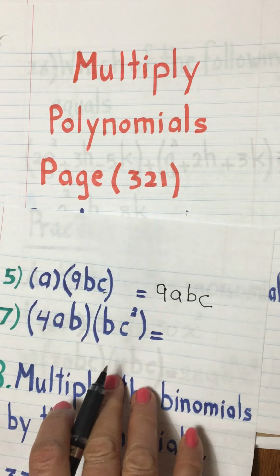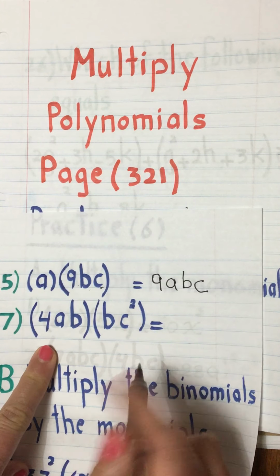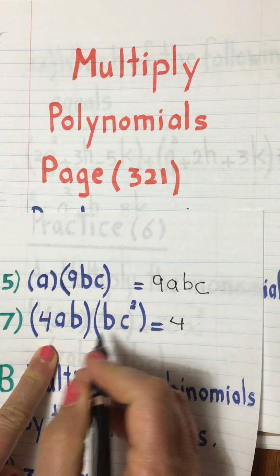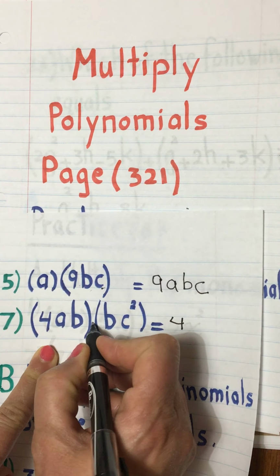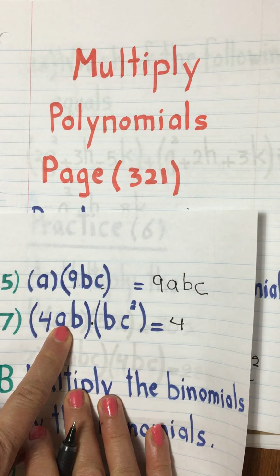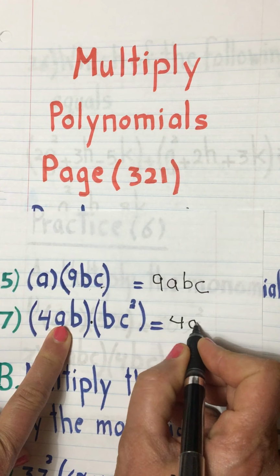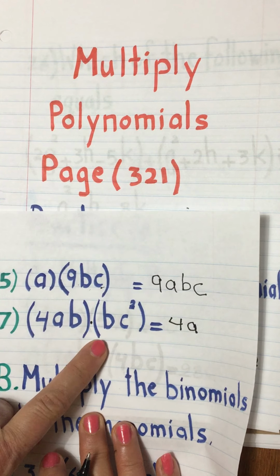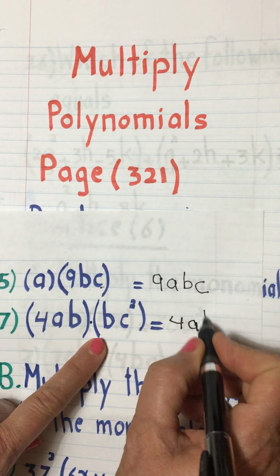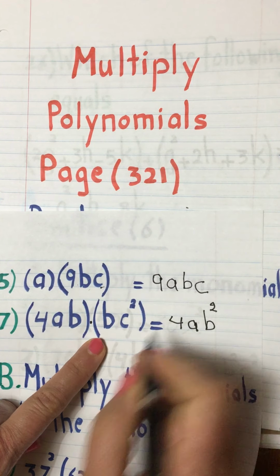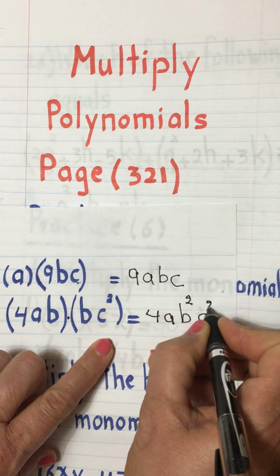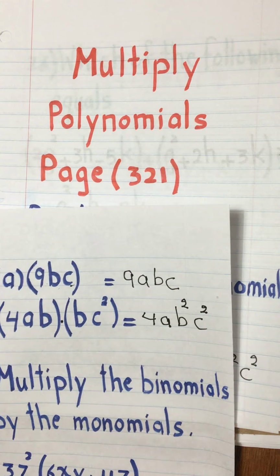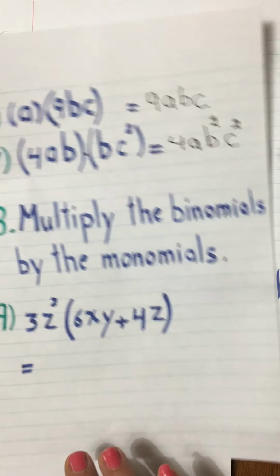So the answer is 4, because I have 1 right here. 4 times 1 is 4. Right here it's multiplication. A, just write it down. B times b, b squared. C squared, just write c squared down. So this is supposed to be the answer.